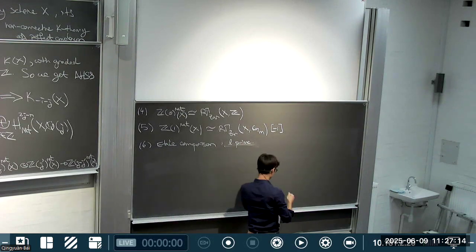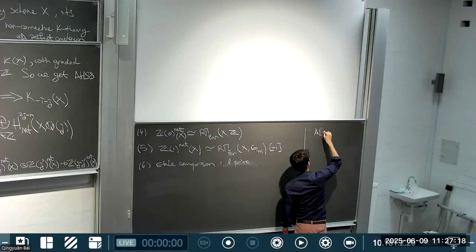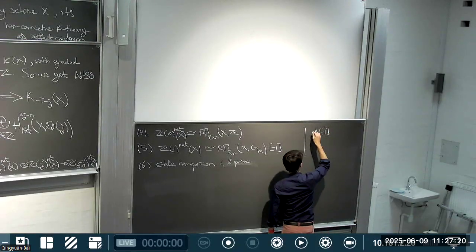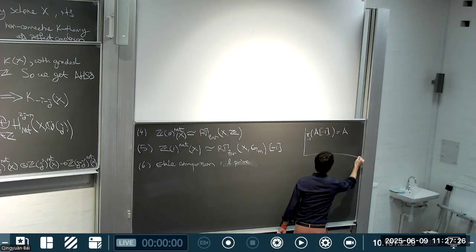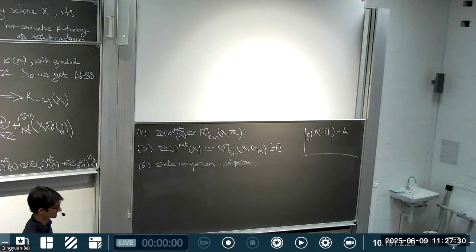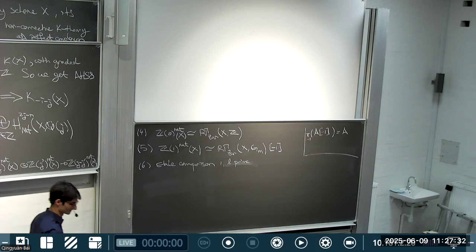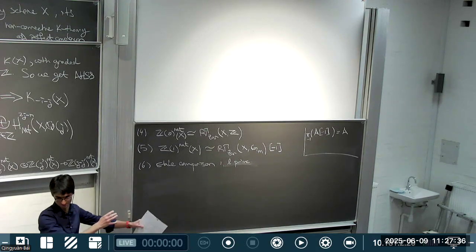This is a fair question. I should have written a minus 1. That's my convention for shifting. I think it's the correct convention. A minus 1 is shifting into higher cohomological degrees.